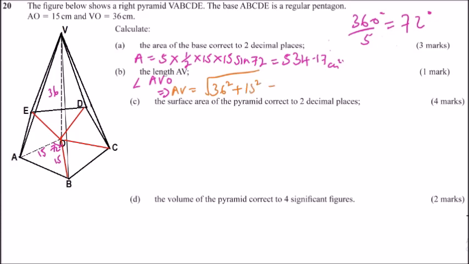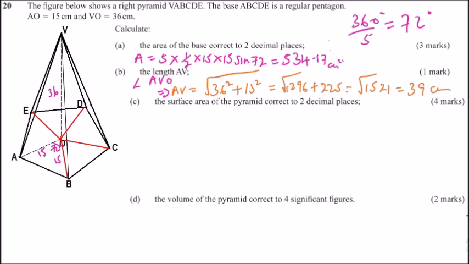That will give you the square root of 1296 plus 225, which is equal to the square root of 1521, which you get is 39 centimeters. So the slanting side AV is 39 centimeters.